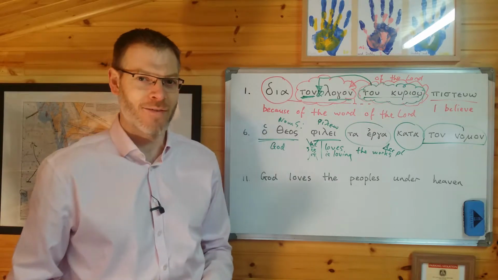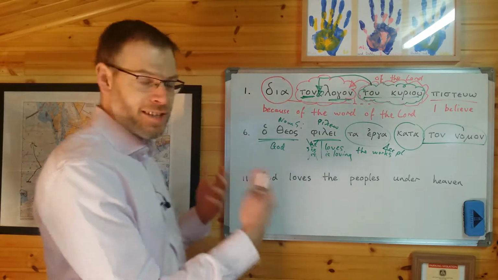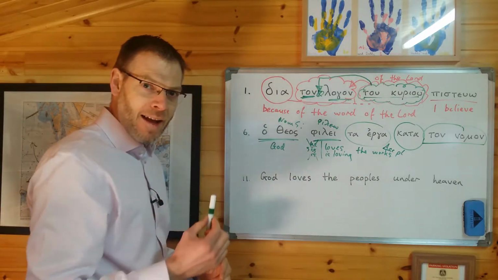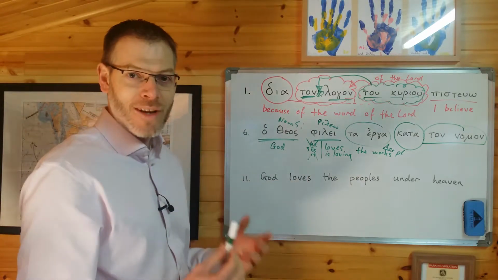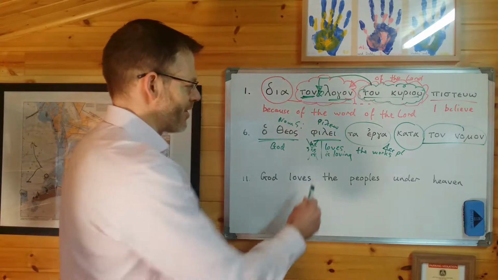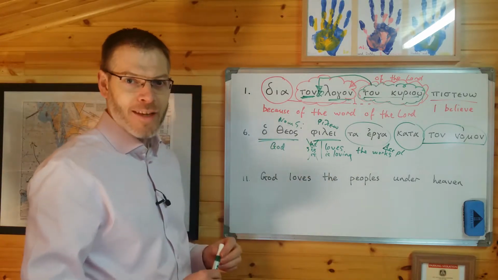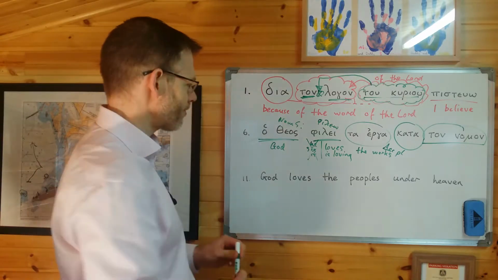How do we know that it's accusative in this case? Well, just look at the sentence as a whole. You might have a nominative noun somewhere which is the subject of the verb because you've got a third person singular verb, philae. And so you look around for things that could be nominative.